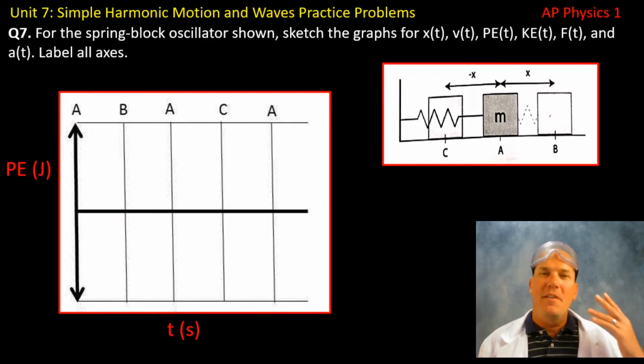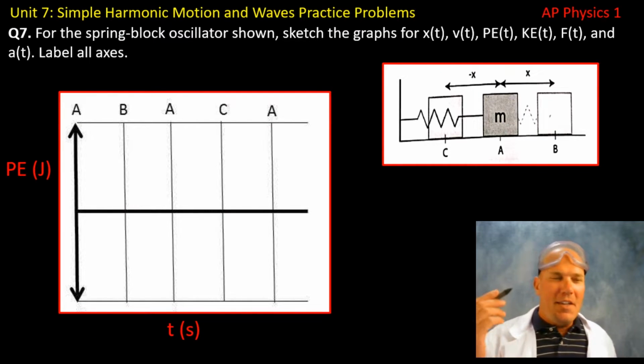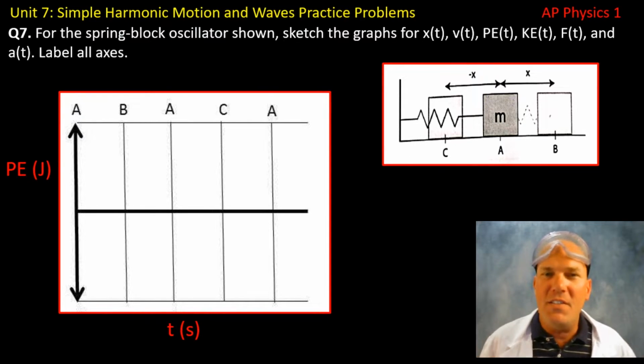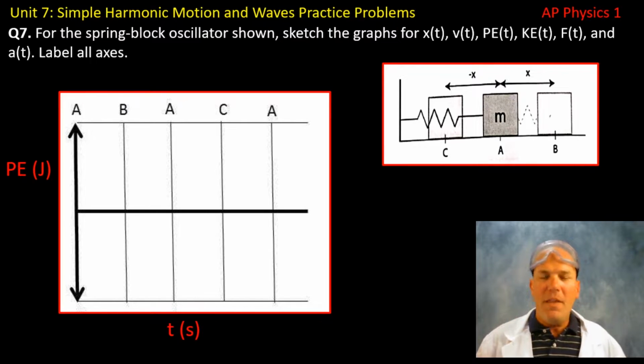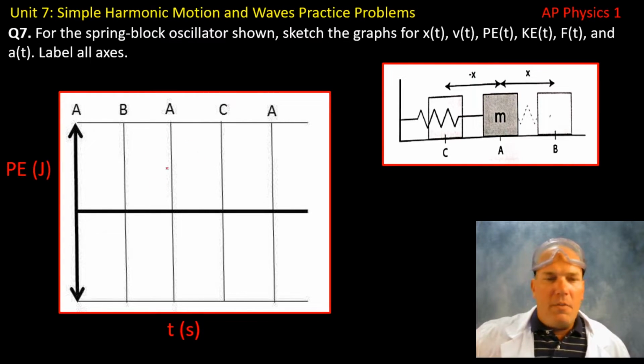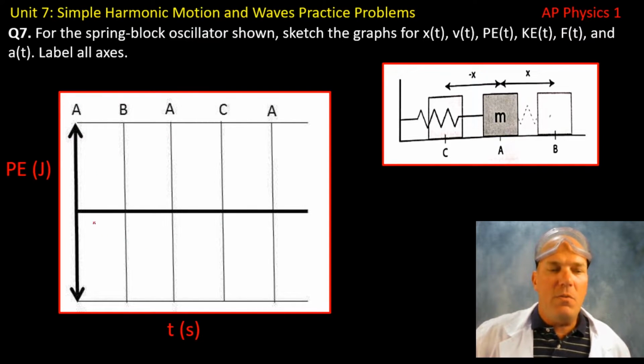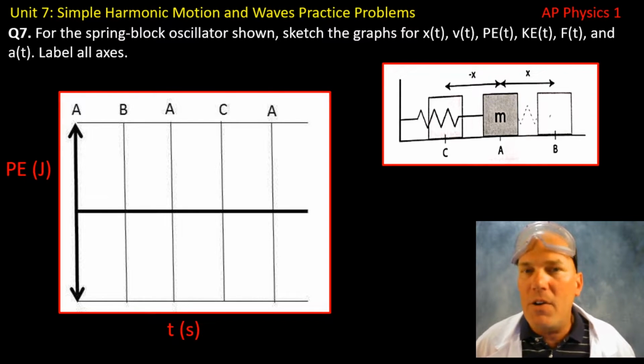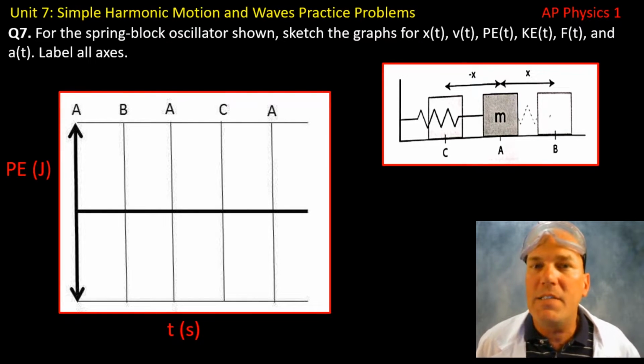Next graph, potential energy in joules as a function of time. First and foremost, potential energy is a scalar, so we're not looking at any direction. We know it's positive, so we're not going to be crossing the origin. What else do we know about energy for this spring block system?